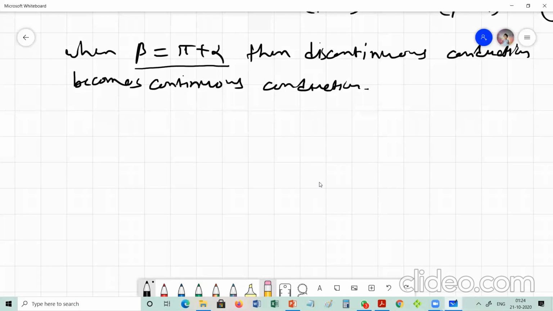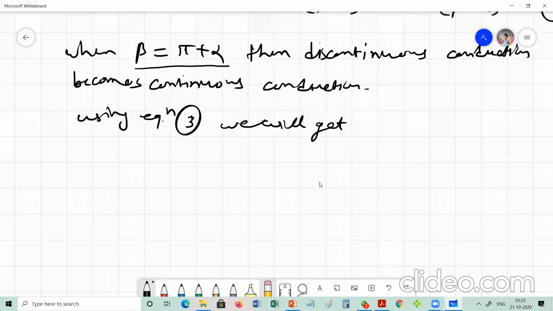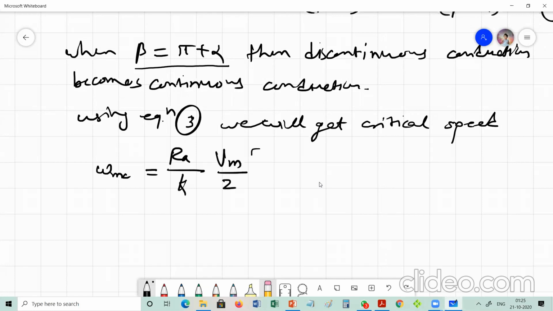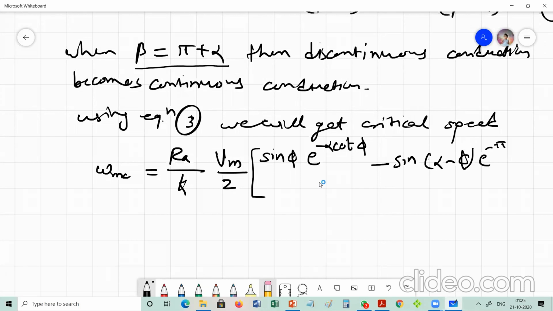So using equation 3, we will get critical speed ωmc equal to RA by K into Vm by Z into [sin φ into e raised to minus alpha cot φ, minus sin of (alpha minus φ) into e raised to minus pi cot φ] divided by (1 minus e raised to minus pi cot φ).